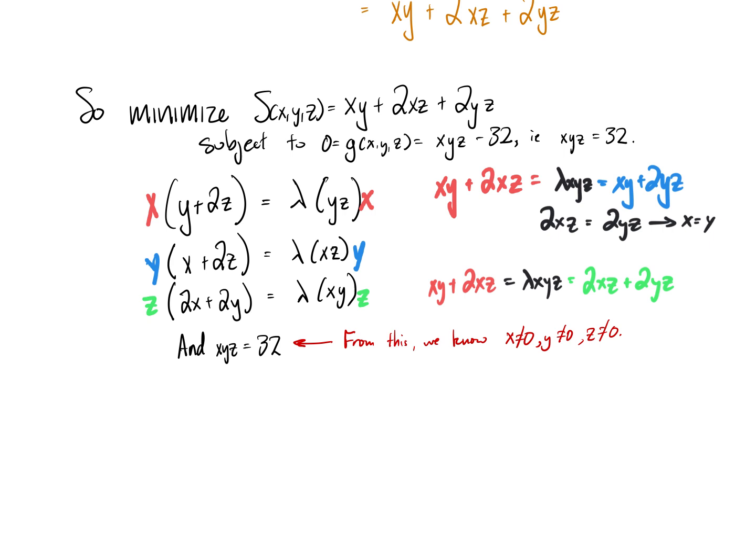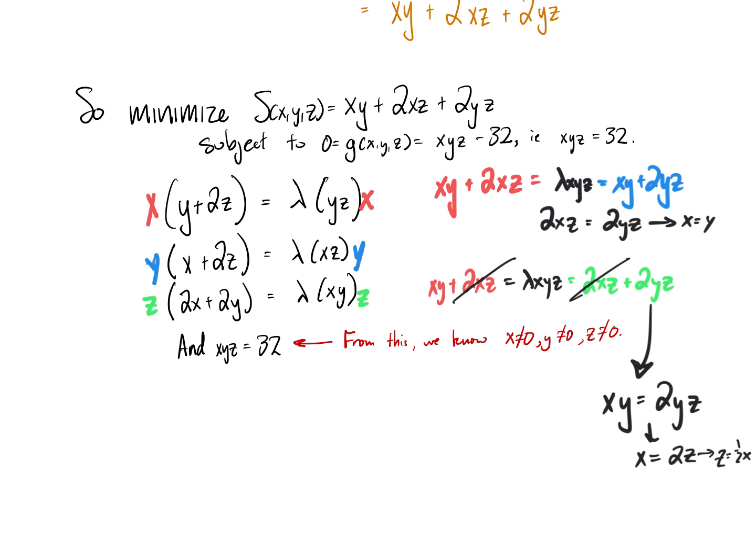Now, notice both of these have a 2xz in them, so we can subtract them off from both sides, and that would give us xy equals 2yz. Now, we can divide both sides by y and get x equals 2z. So we know x equals y and x equals 2z, or in other words, z equals 1/2 x.